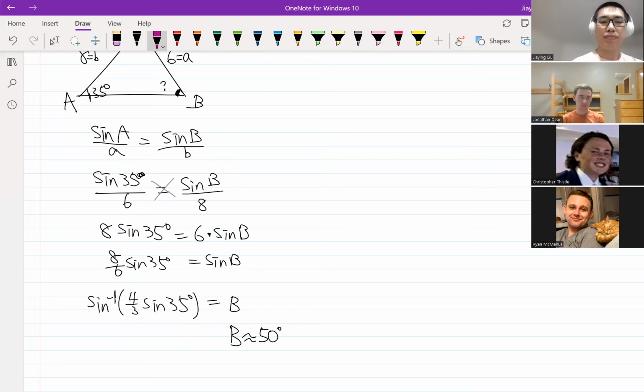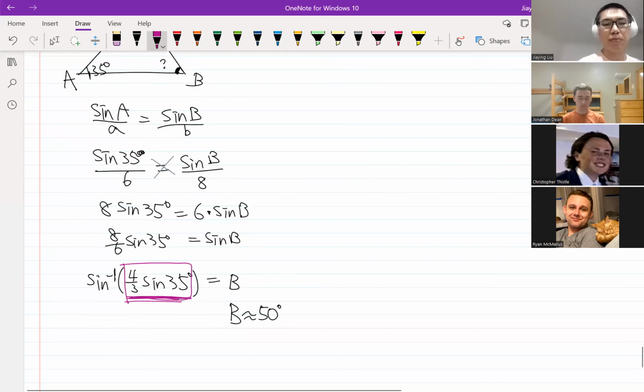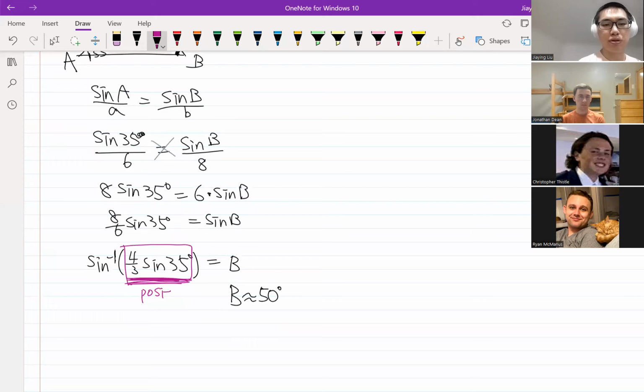We found B by using the inverse sine of whatever that is, and this turns out to be a positive value, about 0.7. When we put that into the calculator, we only got one value because the calculator by definition only gives us one solution.